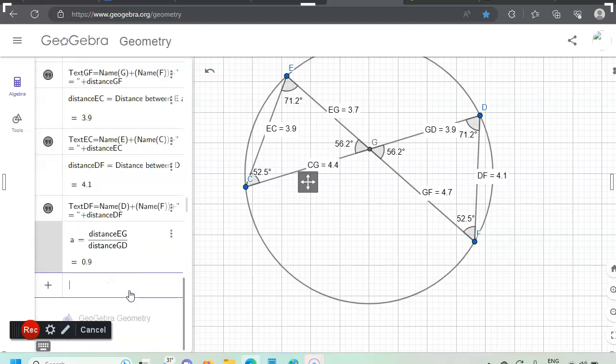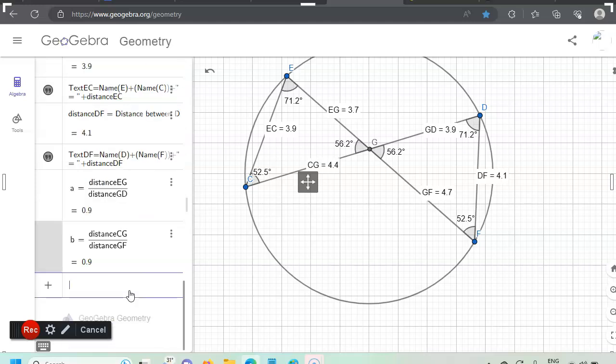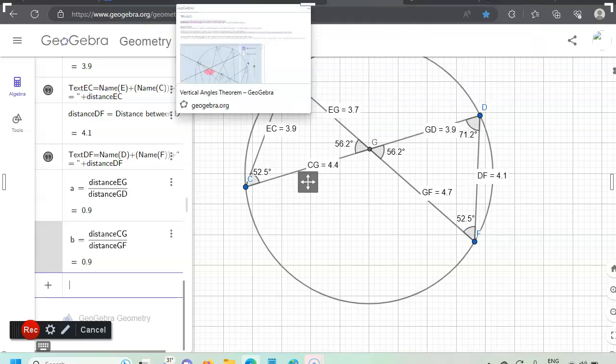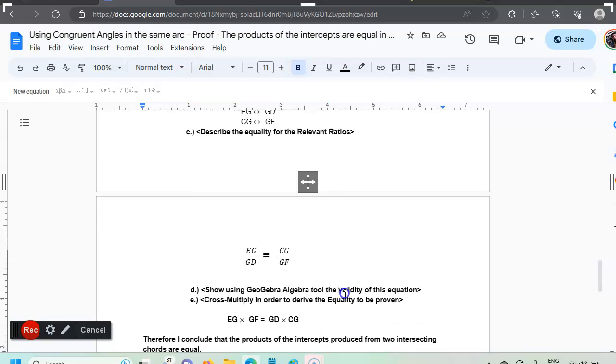And then we have distance CG divided by distance GF, distance GF is also 0.9. Okay, so this equality is correct.